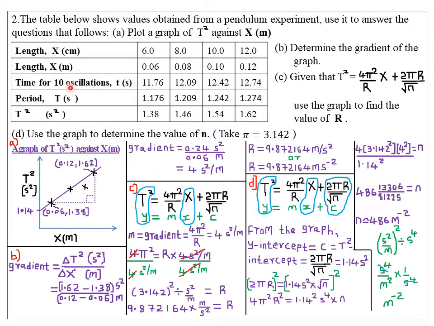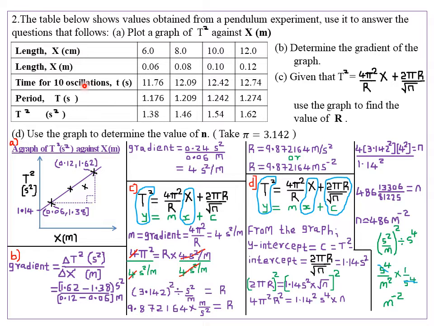Same case here, time for 10 oscillations. I've chosen my first one to be to the nearest 2 decimal points, that is 11.76. You have to ensure that the following values are 2 decimal points throughout that particular row. Same case for the period. Remember, for the period you just divide by the number of oscillations.